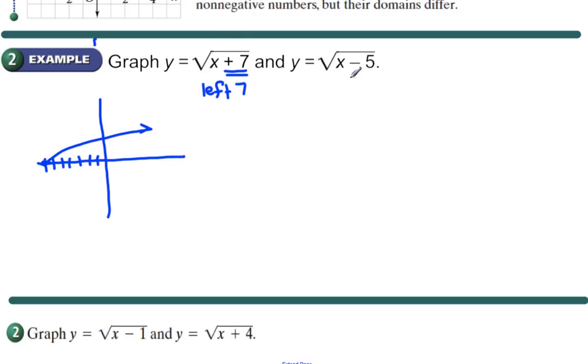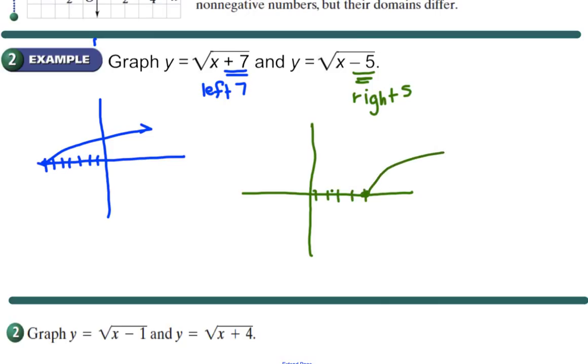The next one we have is y equals the square root of x minus 5. So we want to go left, but it's right 5. So sketching this one, we put our point here and we graph. And that's it. Okay, not too bad.